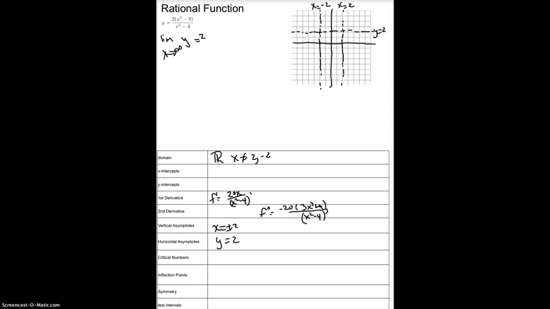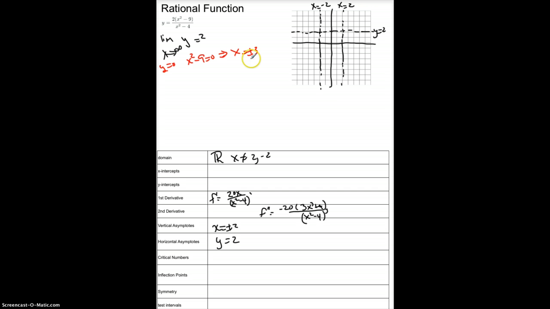Let me switch paint colors. Let's find our x-intercepts. When are they going to cross the x-axis? That's going to be when y is 0. Y is 0 when x squared minus 9 is 0, or when x is plus or minus 3.